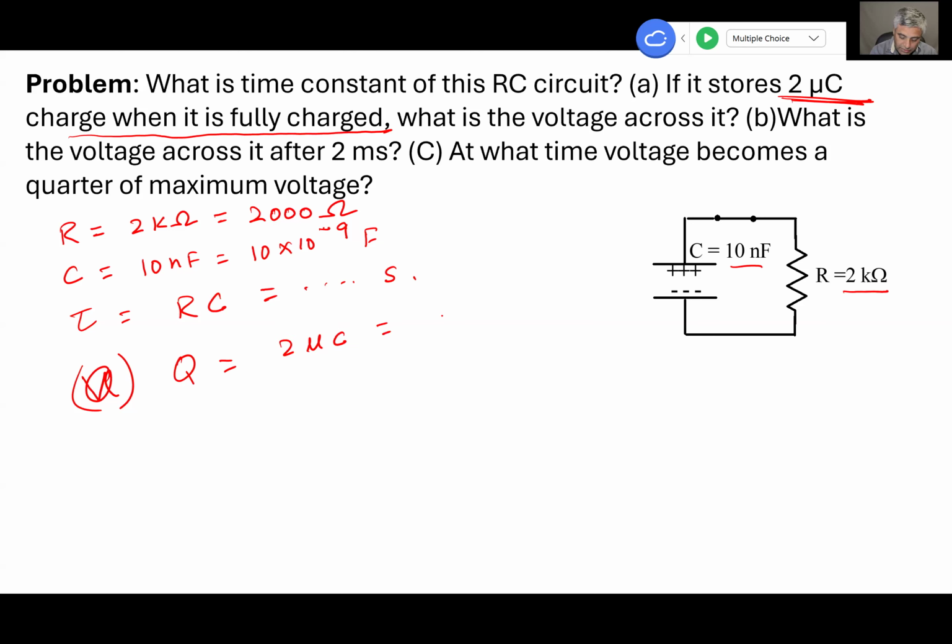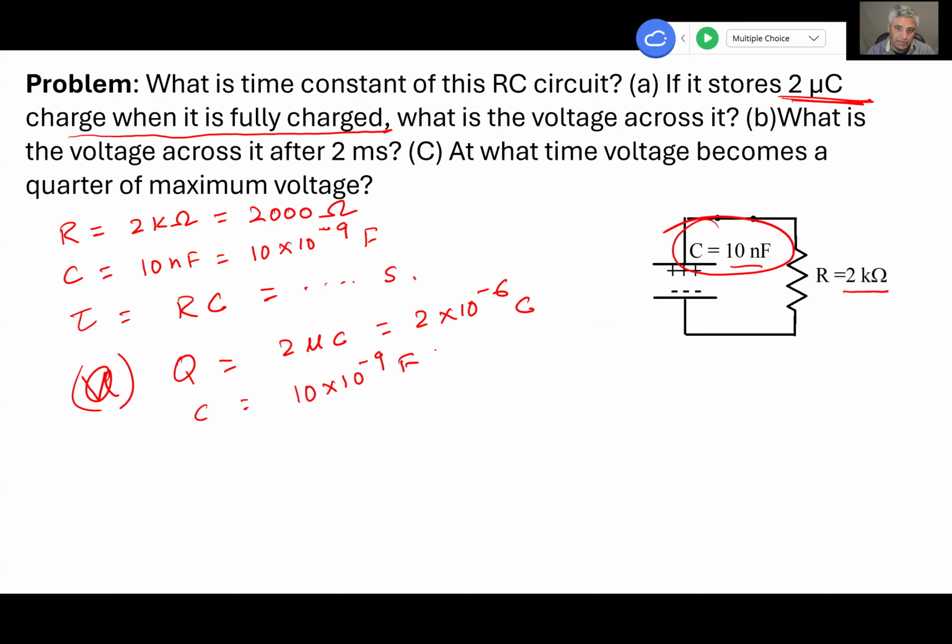That means 2 times 10 to the power negative 6 coulomb is given. And capacitance is given, which is the same for both cases. Capacitance does not change depending on how much charge you have, right?